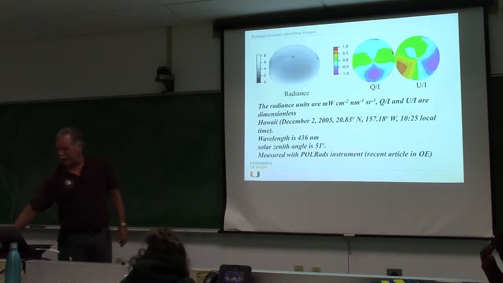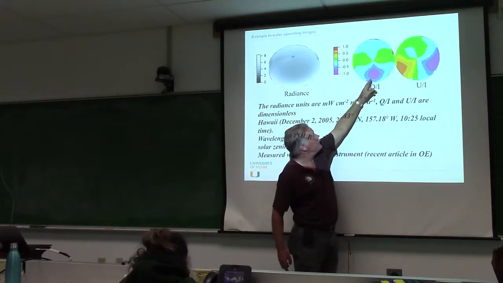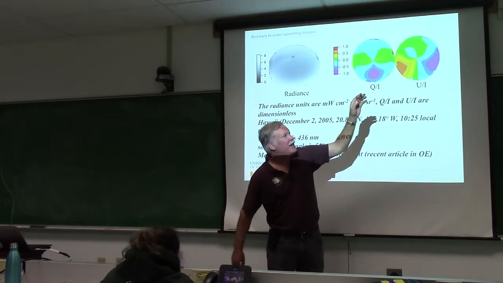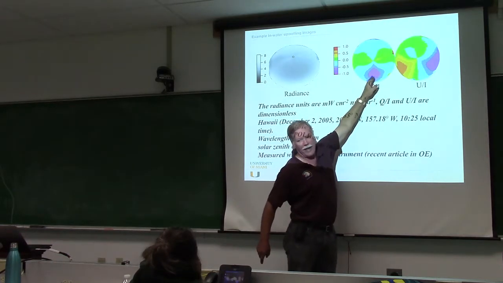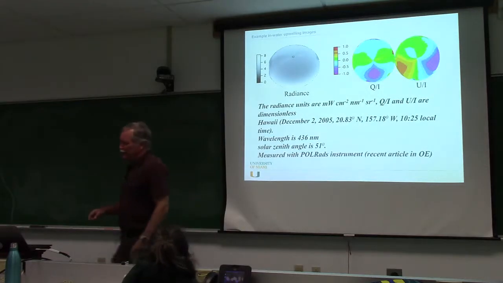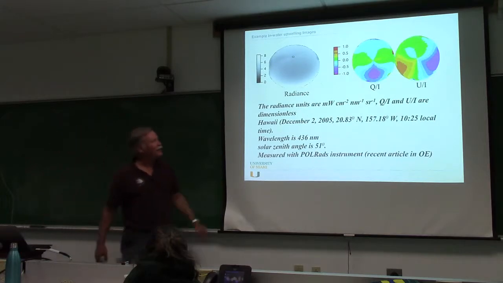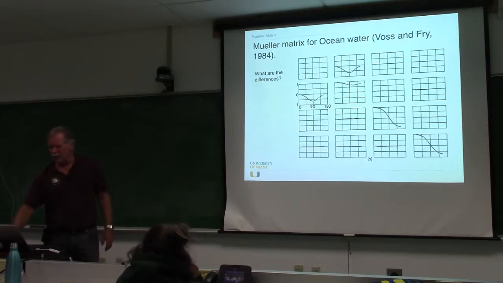And so when I look back here, this has got to be looking, the sun's over here coming in, and I'm looking off that direction is where that is, okay? Pretty sure. Might be backwards there. I should have looked at that closer. But anyway, so there's sort of a picture of what Q and U look like for the Stokes vectors.